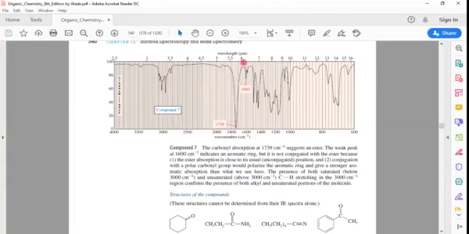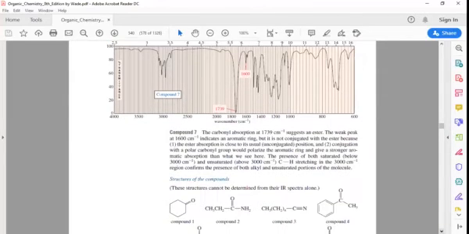And this peak at 16 is showing what? This peak is showing a carbon-carbon double bond in the aromatic region. So we can say that this is an ester, having an aromatic ring as well.